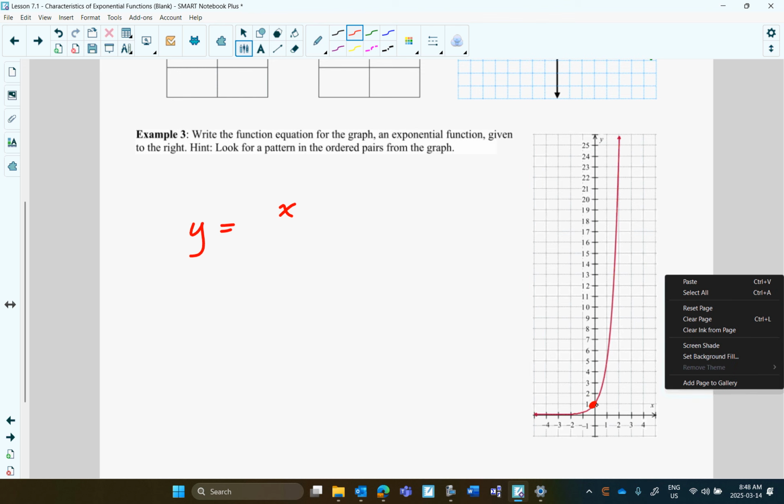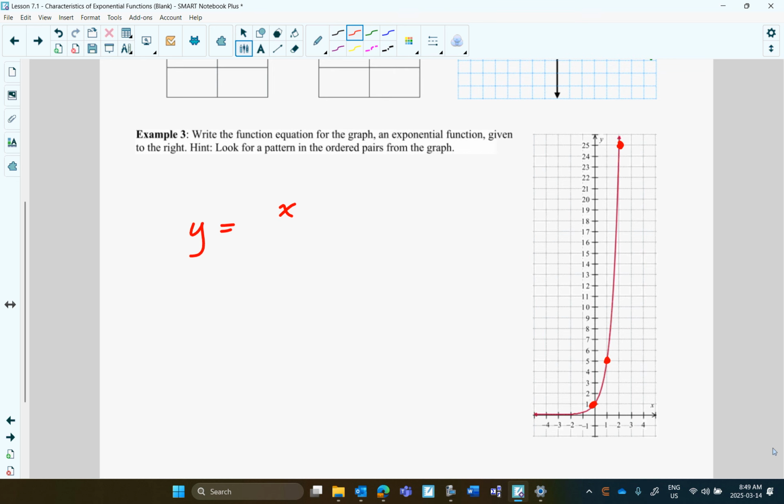Can you find another point, like where it goes through an intersection of the grid lines? It might be a little hard to find. Is it 1, 5? 1, 5. And actually, if you go all the way up here, it's going to be 2, 25 is another point. So therefore, it'd be y equals 5 to the x.